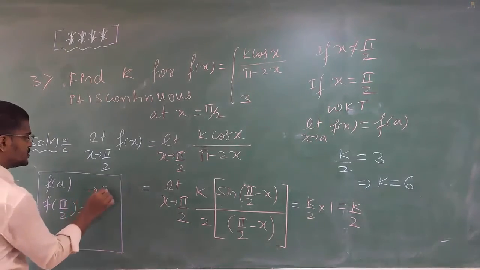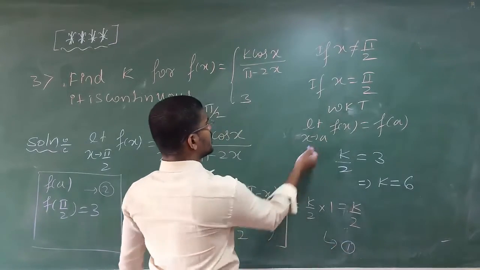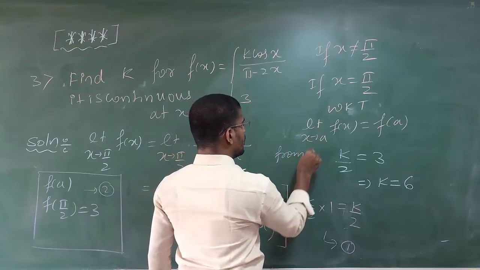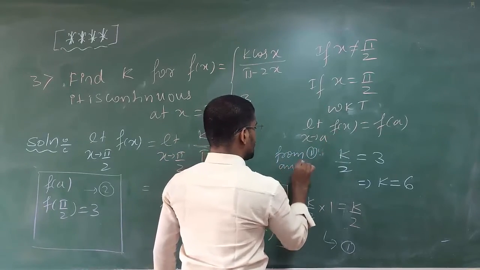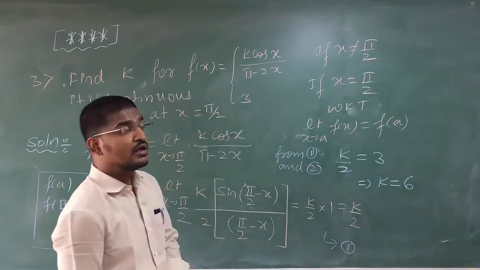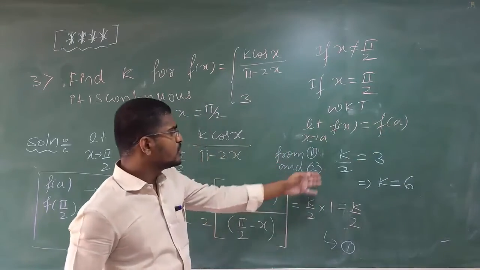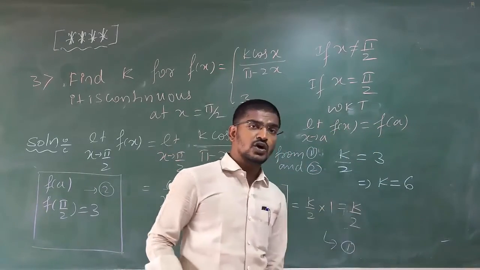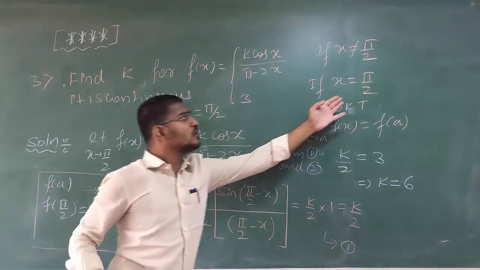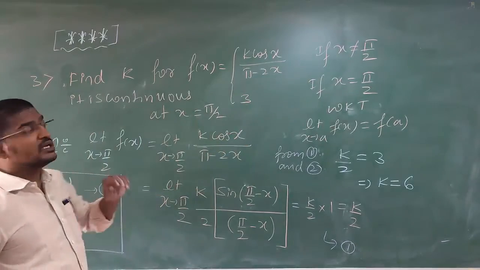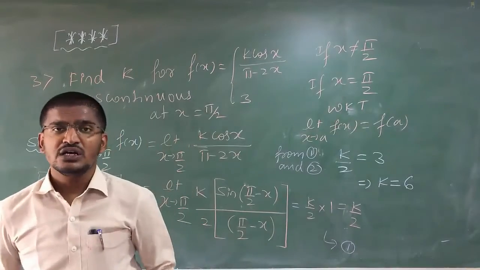So you take this as 1 and this as 2. Here you can write from 1 and 2 also. Clear? So we know that the limit as x tends to a of f of x equal to f of a, from 1 and 2, k by 2 equal to 3, therefore k equal to 6. f of a is f of pi by 2. a value is what? Pi by 2. f of pi by 2 is how much? 3. Directly from your problem. So therefore you are having the answer k equal to 6.